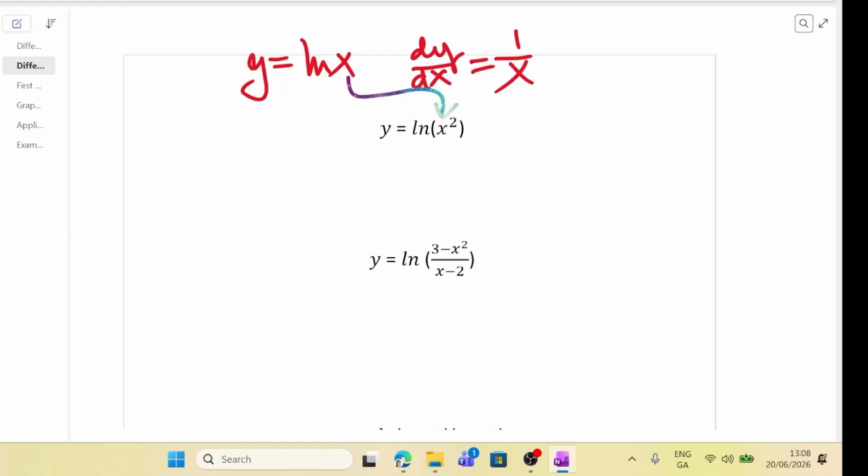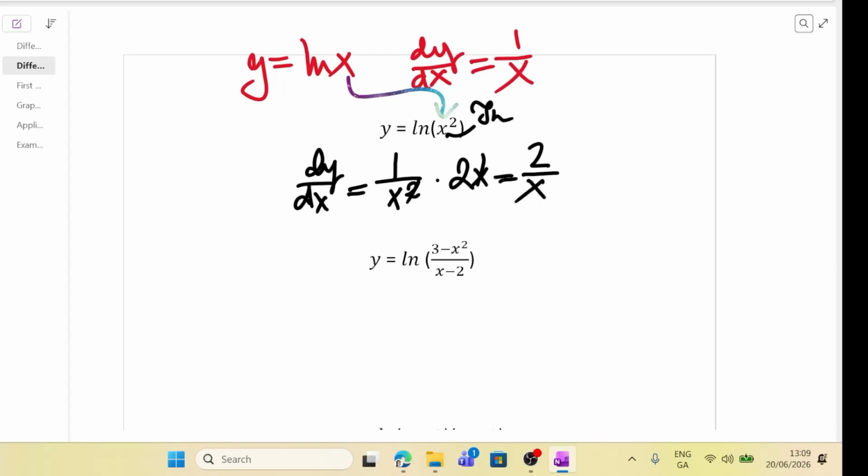So that will be another chain rule, then dy over dx. Ln is my outside and x squared is my inside. So when I differentiate the outside, I get 1 over x squared, and then multiply it by the derivative of the inside, which is just 2x. Now we could simplify, as the x with the power will be gone, and then I get 2 over x.